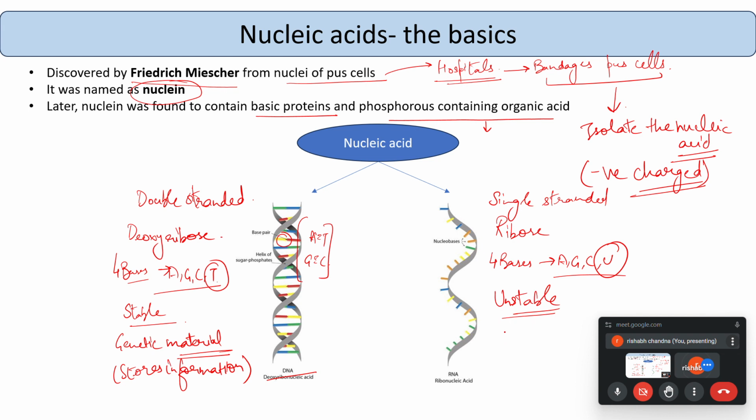But RNA is generally used for transmission of information because it's not stable, so it cannot store the information. So that's why it is a form of transport of information from one node to another. Okay, so these are some of the differences between the DNA and RNA.